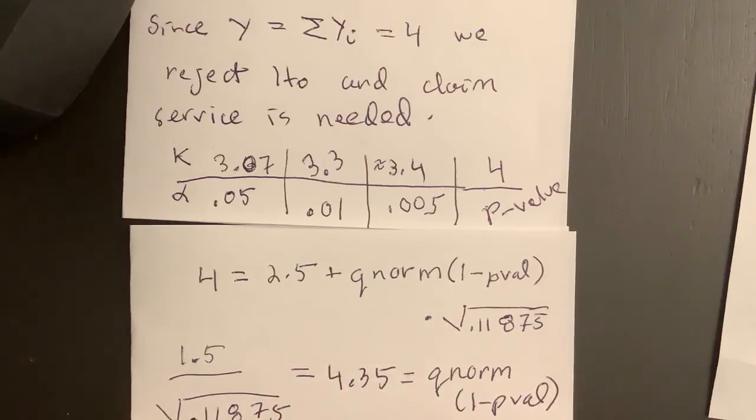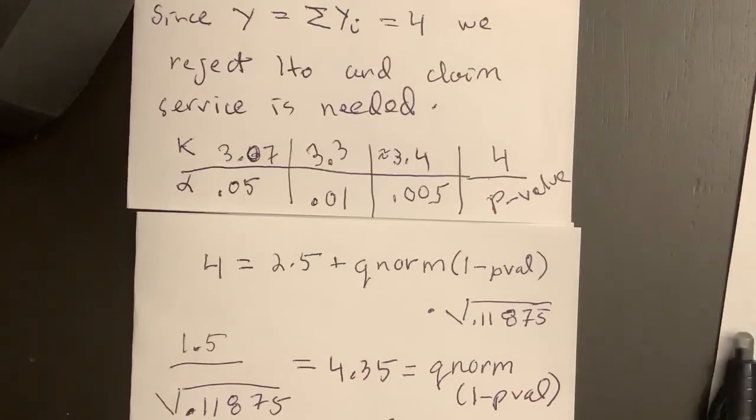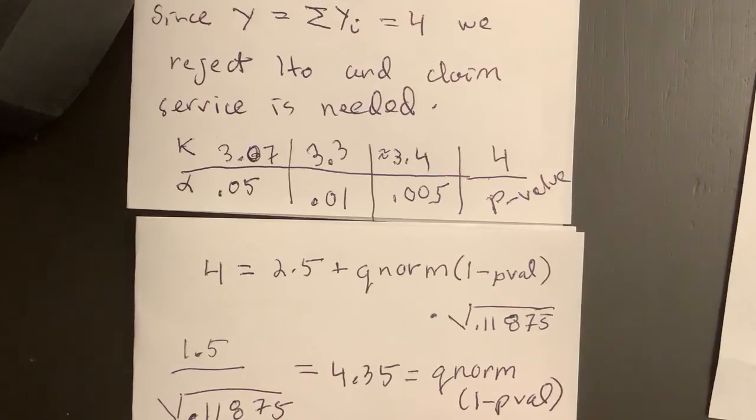So we have 1 minus the p-value equals p norm 4.35. So we take p norm of this, and we get a lot of 9s there. So after I subtract 1, I get p-val equals 6.7 times 10 to the minus 6th.